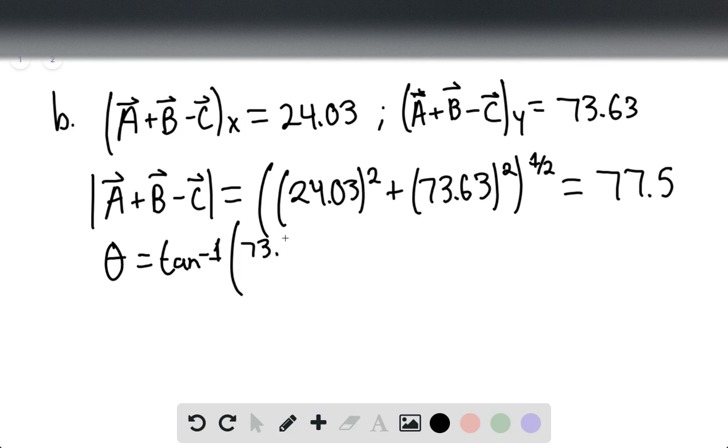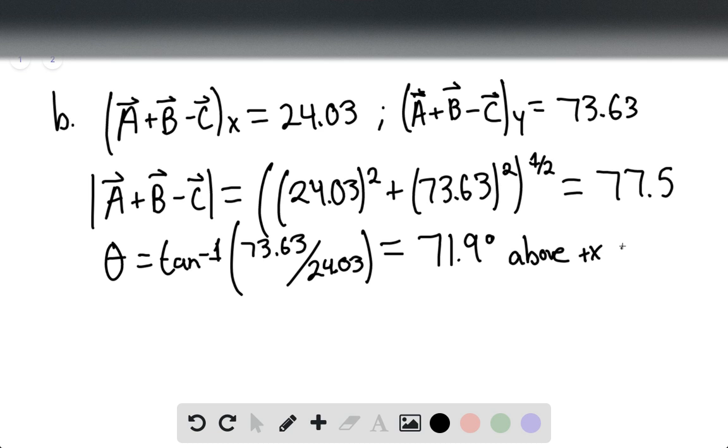So it'll be 73.63 divided by 24.03, and we are getting the angle equal to 71.9 degrees. And if we have a positive x and a positive y component, this will simply be above positive x-axis. So first quadrant.